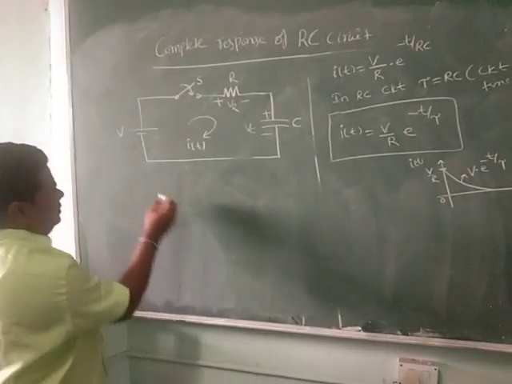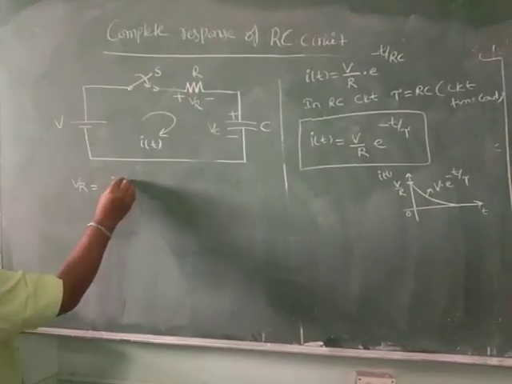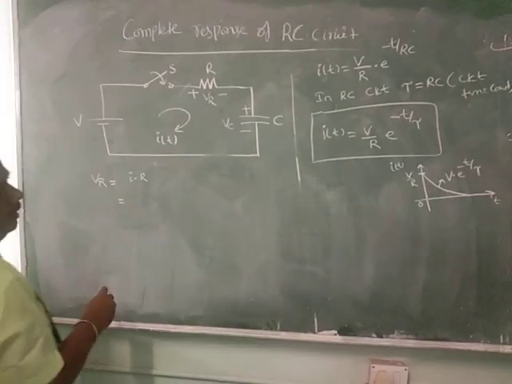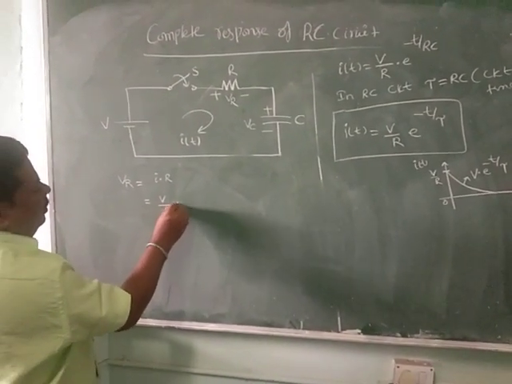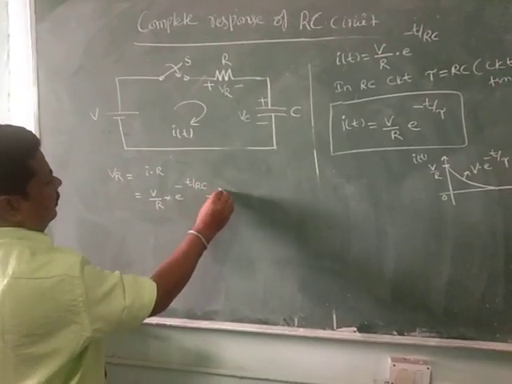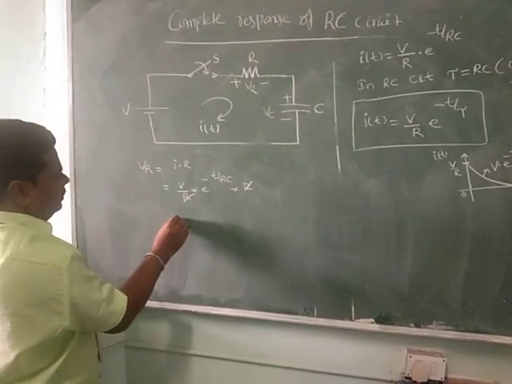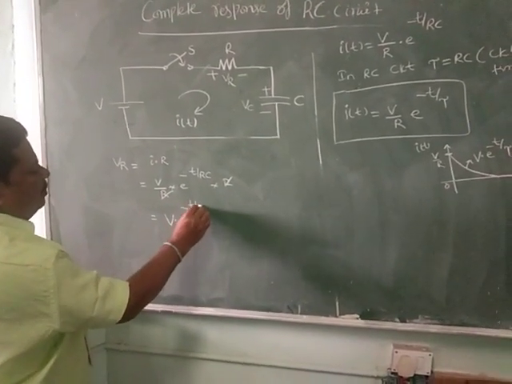Voltage drop across resistor is equal to I into R. I value is equal to V by R e power minus t by RC, into R. R gets cancelled. That is equal to V into e power minus t by RC.